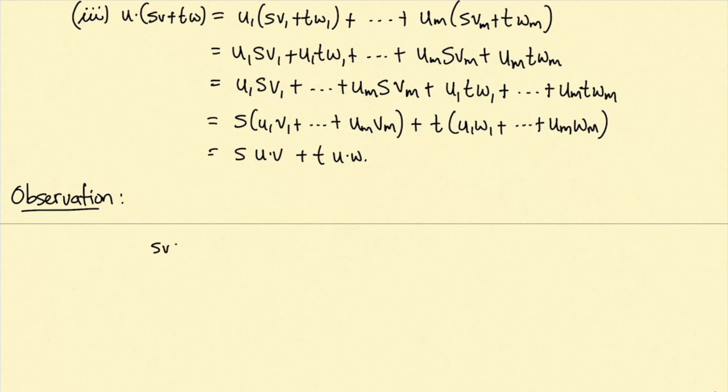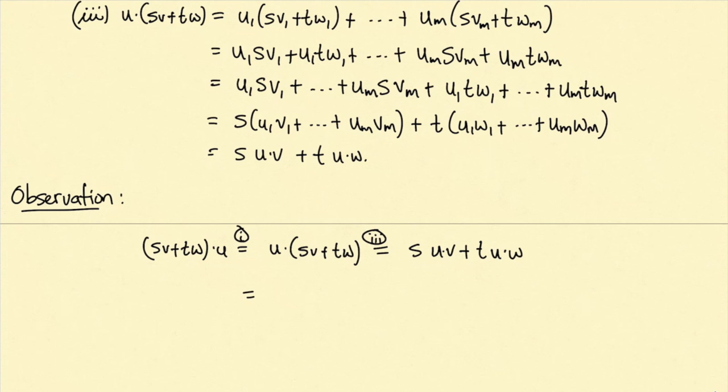If the linear combination is on the left, say sv plus tw dotted with u, the first property tells us that this is equal to u dotted with sv plus tw. The third property tells us that we get s times u dot v plus t times u dot w.